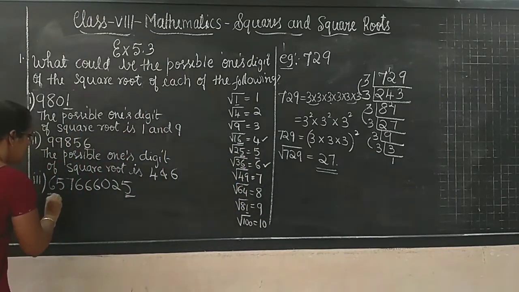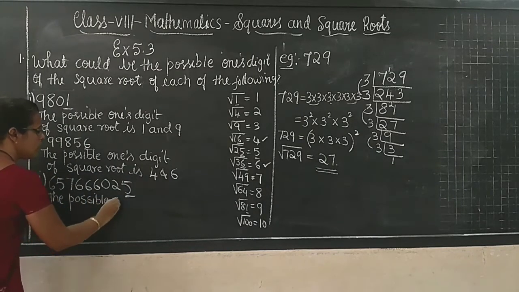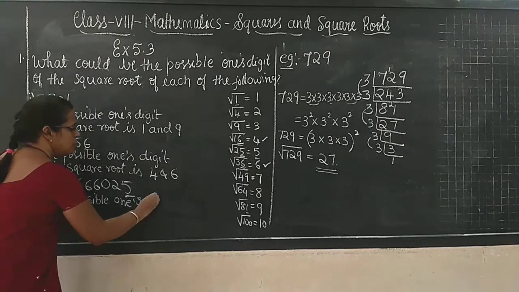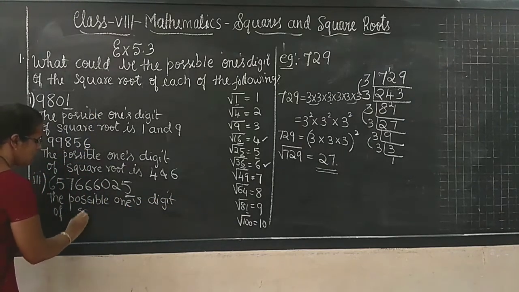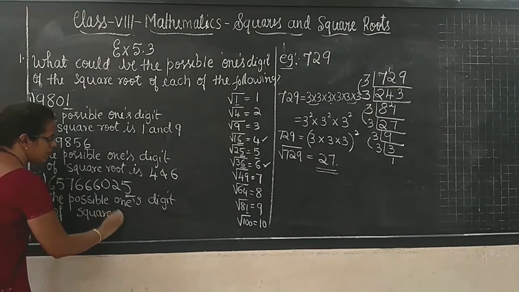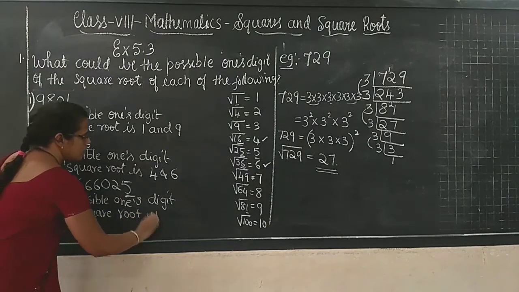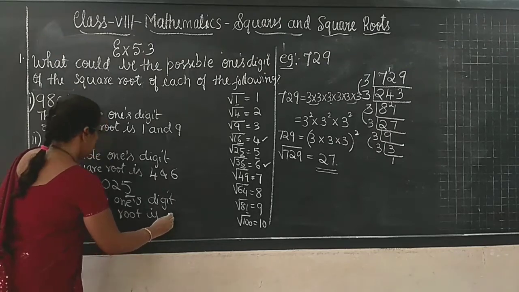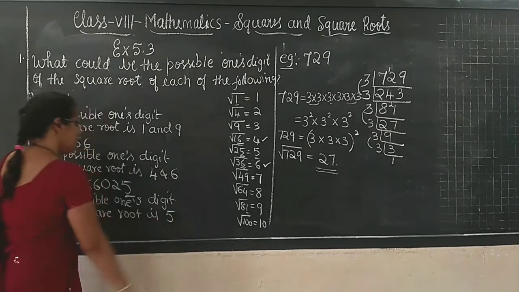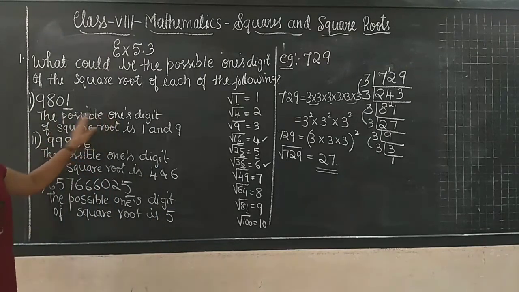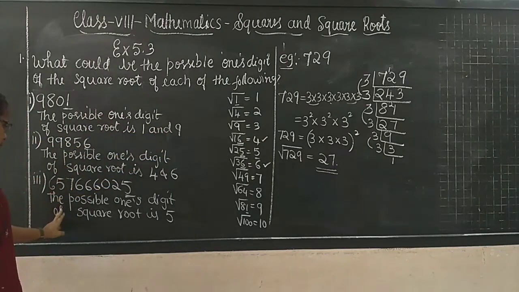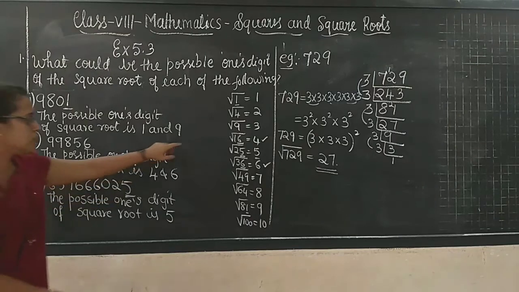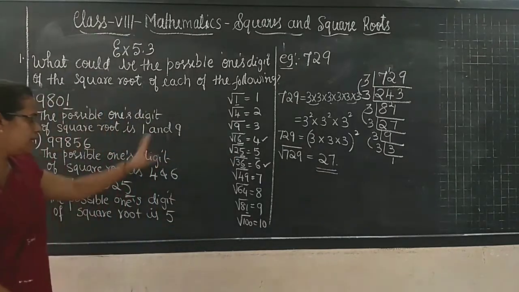So you write here the possible ones digit of its square root is 5. Okay, children? In the first case the possible ones digits were 1 and 9, then here only 5 because the number ends with 5. No other digit is possible.